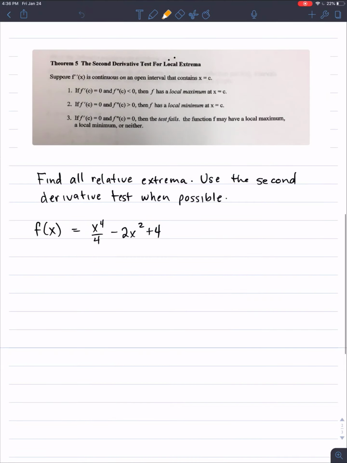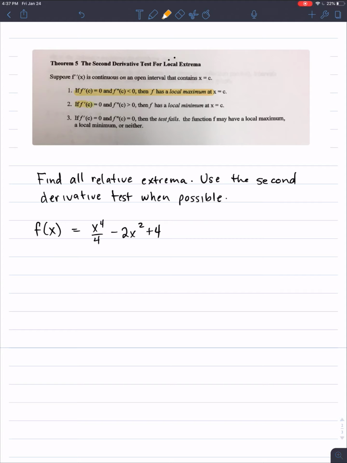Alright, so the next thing we're going to look at is the second derivative test for local extrema. And remember, extrema is just maxes and mins. So it's saying if you test the first derivative equal to 0, and then the second derivative turns out less than 0, meaning negative, then it has a local max at that particular point c.